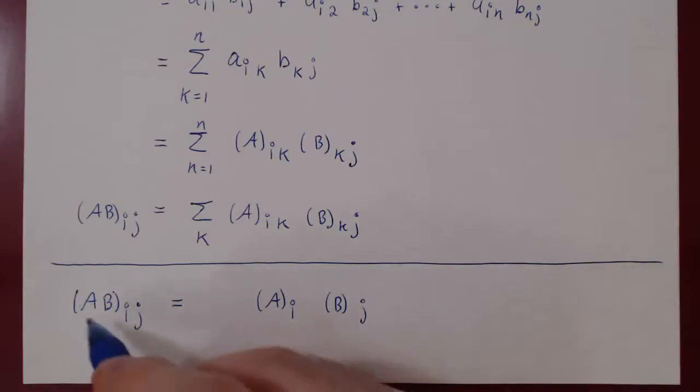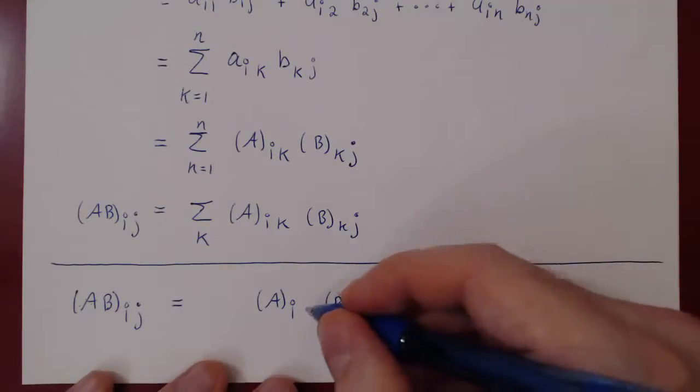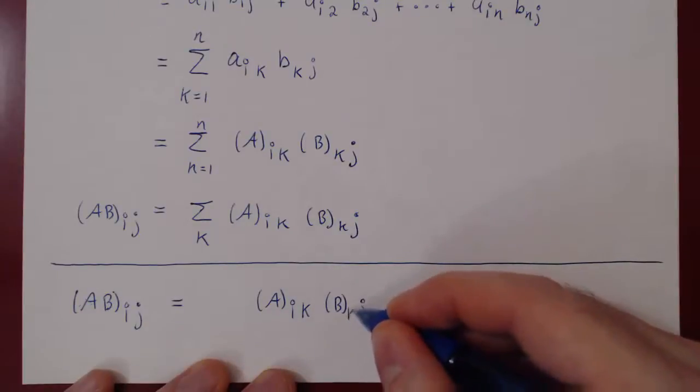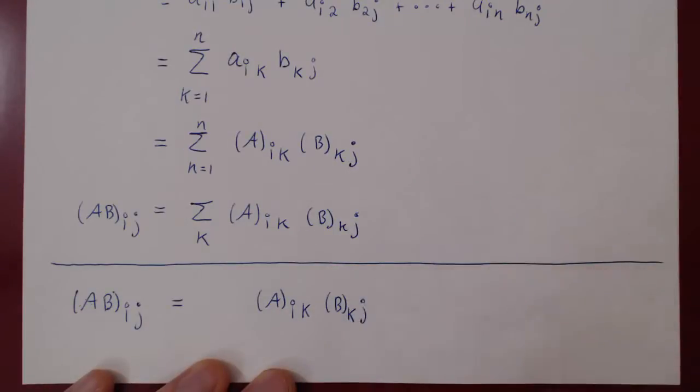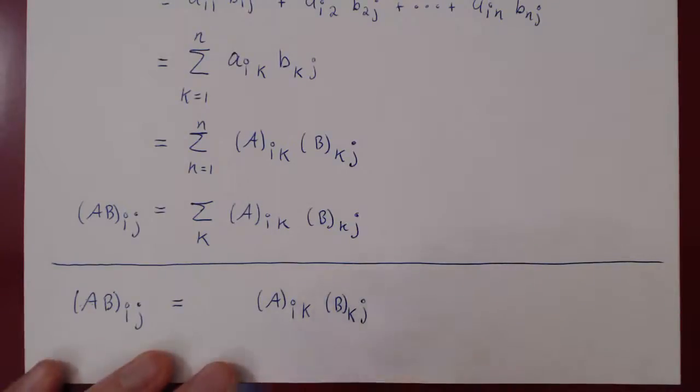And if you think of it, we multiply the ith row of A times the jth column of B, but how do we multiply a row times a column? We multiply corresponding entries. So 1 with 1, 2 with 2, 3 with 3, 4 with 4, 5 with 5, and so on. In general, the kth entry in row I of A with the kth entry in column J of B. So we multiply corresponding entries, K being our dummy variable, and we add them up.